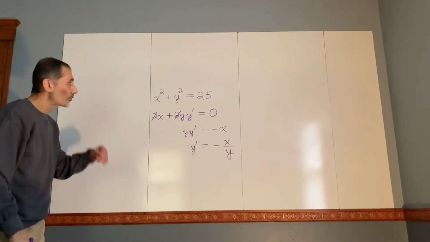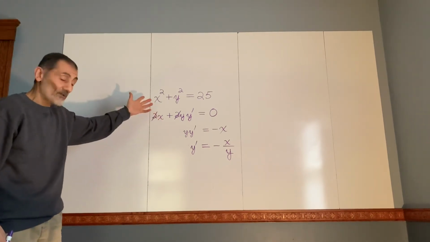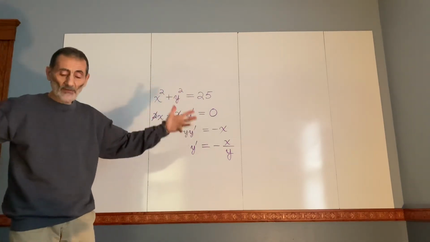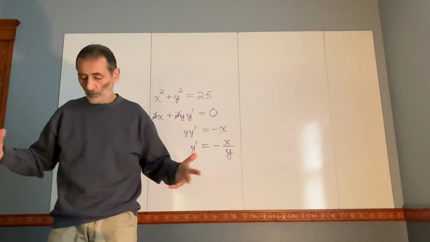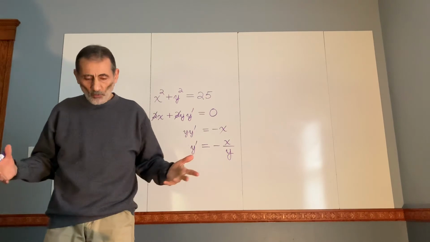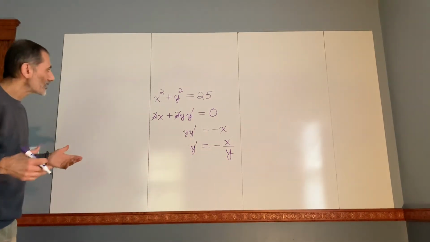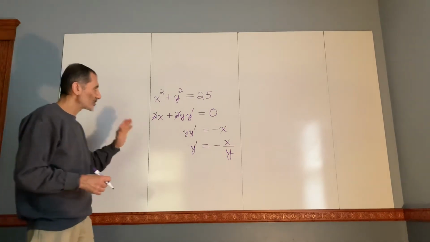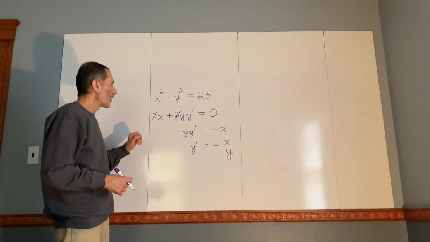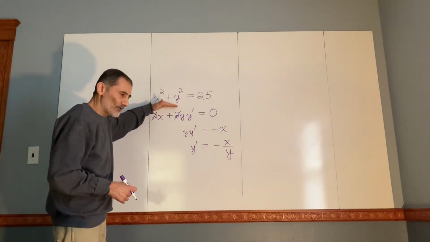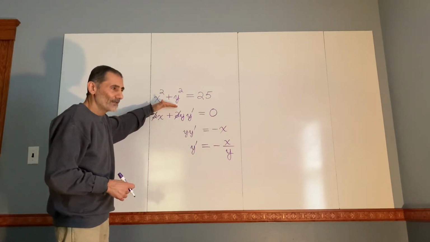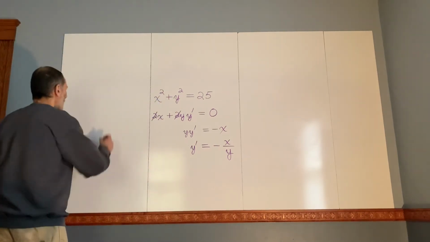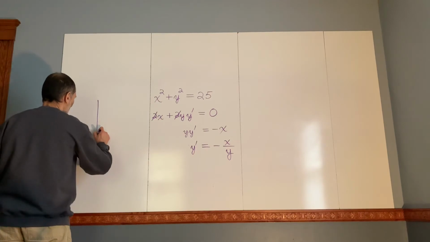Now, suppose we wanted to do just a little bit more with that. Remember, again, the derivative always gives us the slope of a tangent line. Suppose we ask now, find the slope of the line tangent to that curve, passing through the point 3, negative 4. Well, let's draw what we're dealing with here.